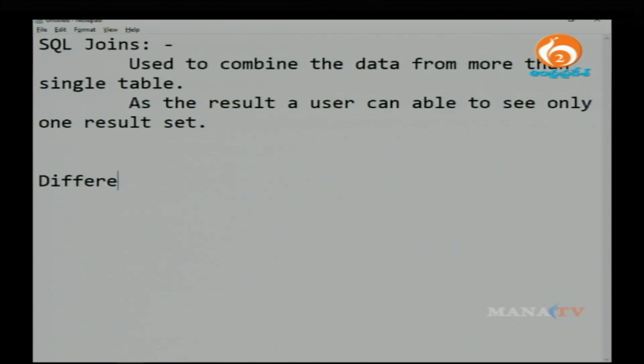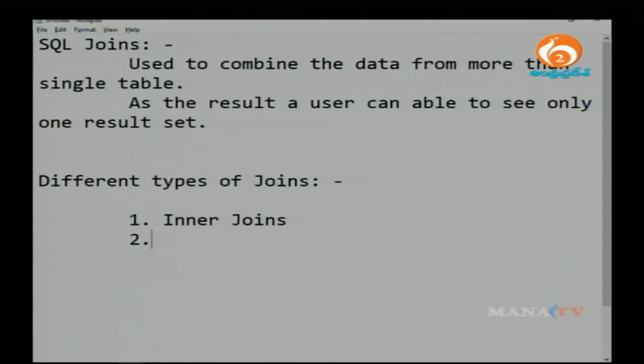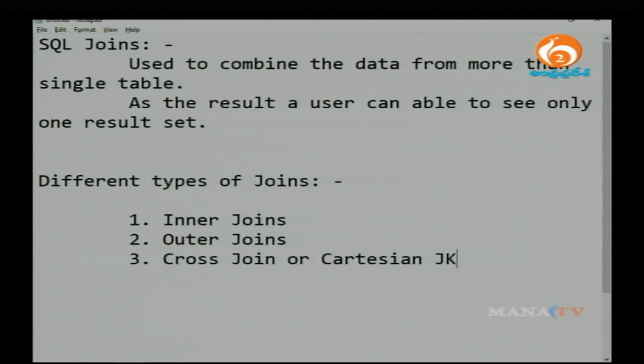The first is called inner joins, the second is called outer joins, and the third is cross join. You can call this one a Cartesian join also.